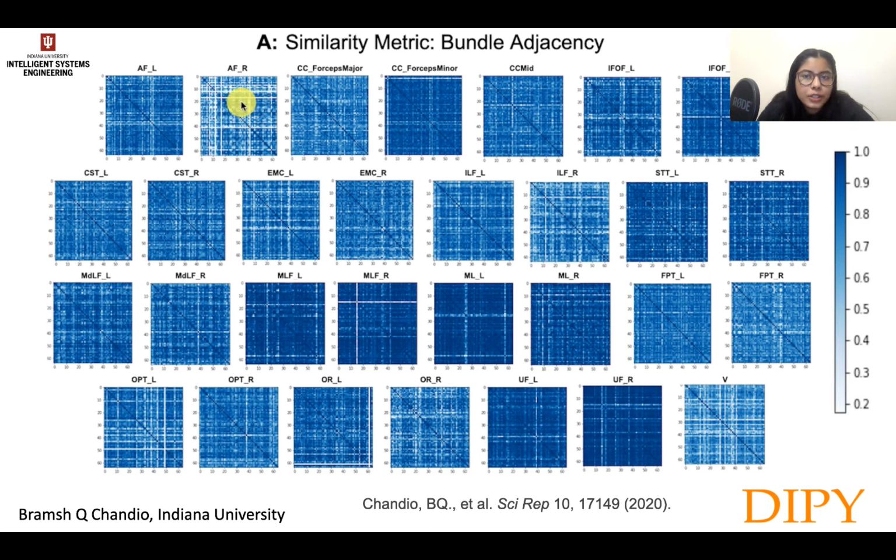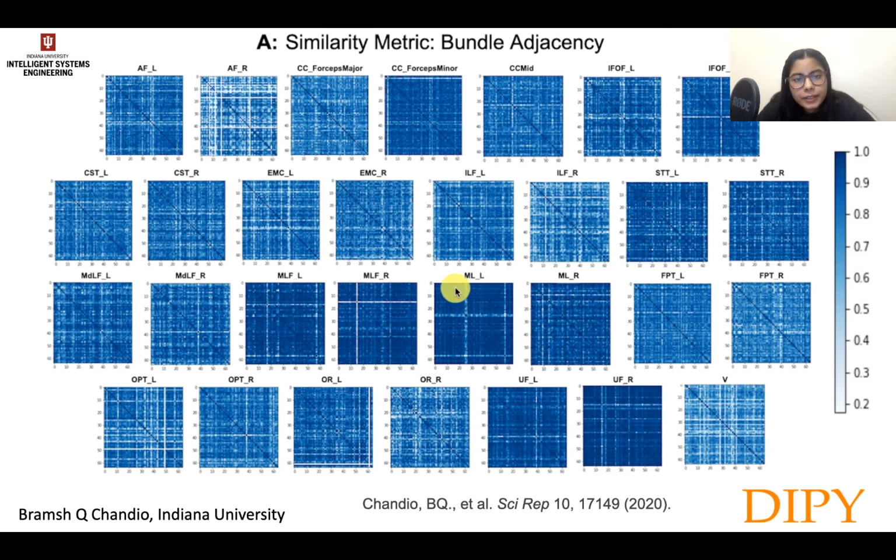And also from the literature, we see that many people are left heavy. The left hemisphere is heavy for the arcuate fasciculus, and the right is not that heavy, or we don't find arcuate fasciculus right in many subjects.